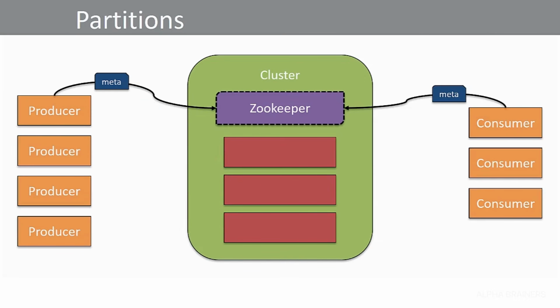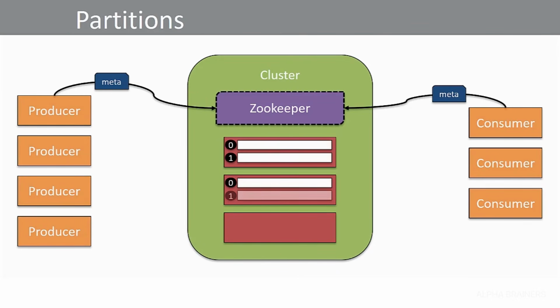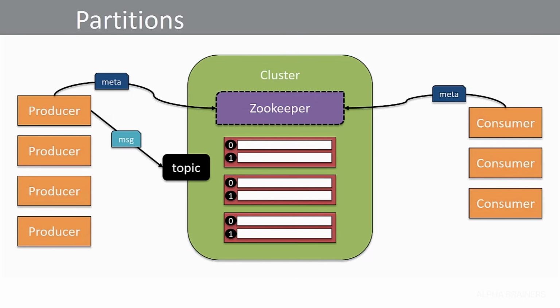So the metadata will be information about what kind of topics there are, which consumer is going to read from which partition, and other key components like that. Speaking of partitions, keep in mind that a Kafka broker can contain one or more partitions, and each partition is going to be used to store information from a topic. So when a producer sends information to the cluster, it doesn't really send it directly to the cluster. It actually sends a message to the topic. And then that topic is going to have several possible partitions that the data is going to be stored in.